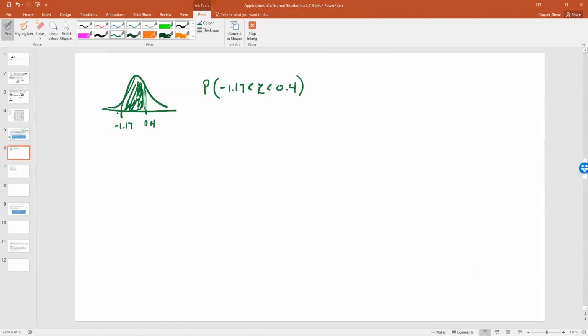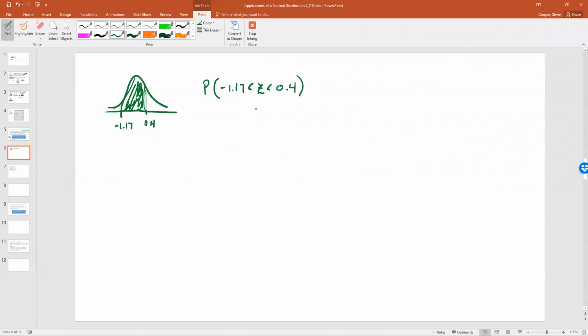The problem is, I don't want that portion to the left of negative 1.17, so what am I going to do? Anybody have any ideas or thoughts? Take the two values that you come up with and subtract them.